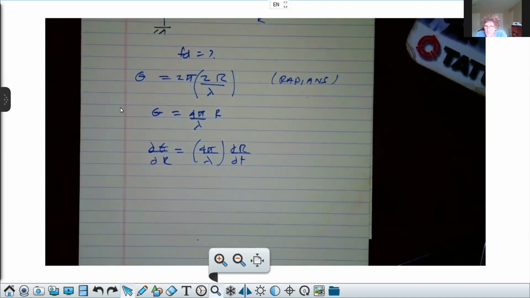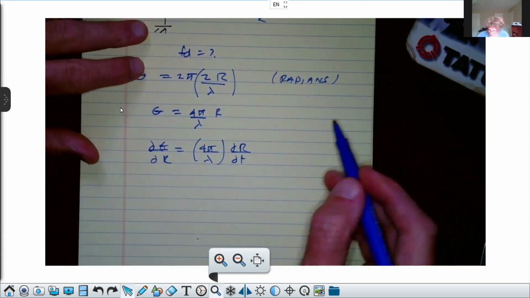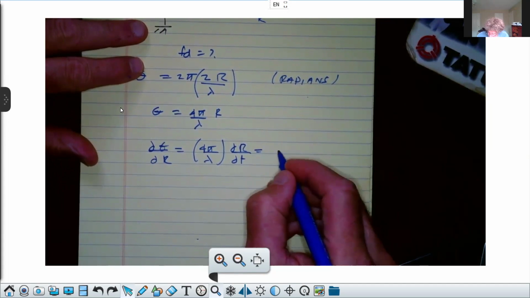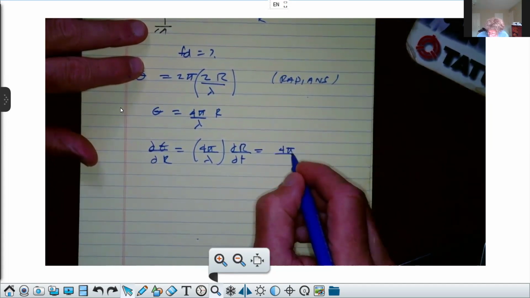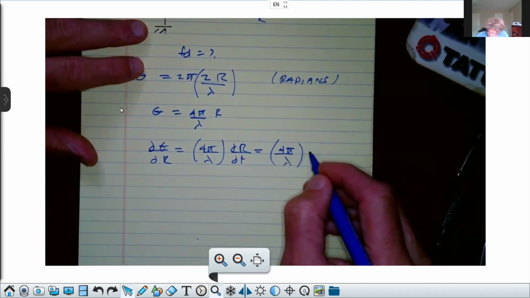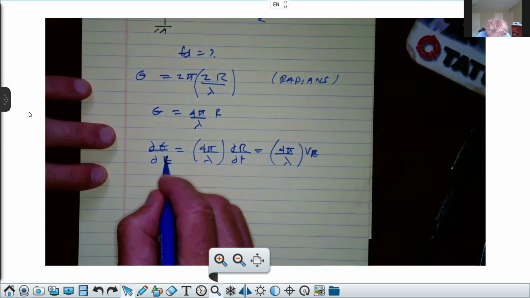Now, remember, I mentioned that the thing I care about for the Doppler frequency is the actual velocity component in the direction of the radar transmitting. And that is dr/dt. So you can write this as simply 4 pi over lambda. And instead of dr/dt, you can just put v of r. That is d phi/dt.